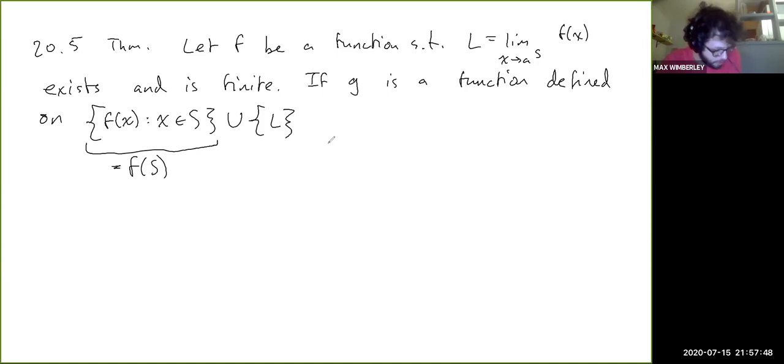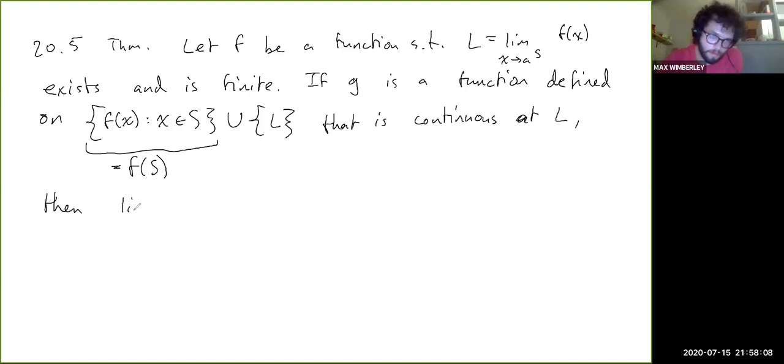And let's see. So g is continuous at L. Then the limit as x approaches a along S of, so yes, continuity at L is critical here.